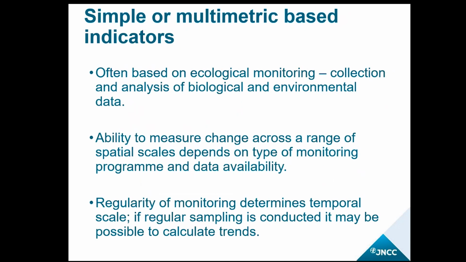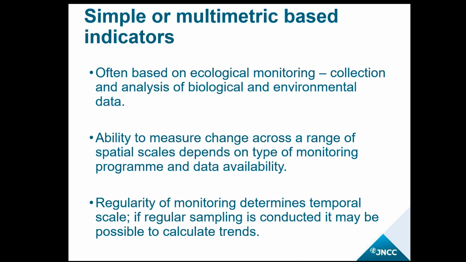So moving on to the last category, if you like, of indicators. These are simple or multi-metric based indicators. They're often based on ecological monitoring through collection and analysis of biological and environmental data.